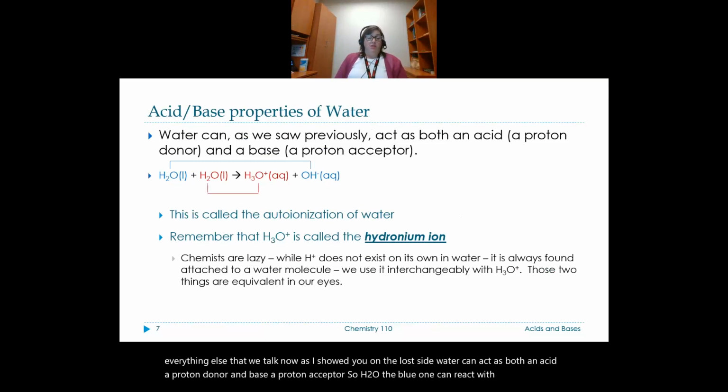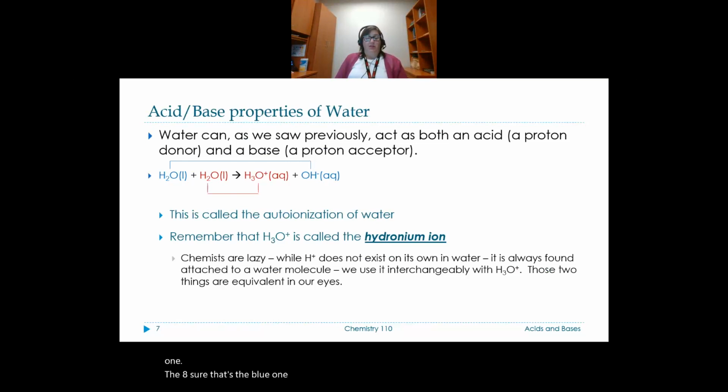The H2O that's the blue one donates a proton to the H2O, the red one that's the base. So the acid, blue H2O, donates a proton to the red base H2O.